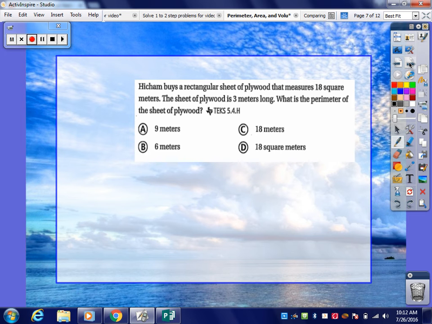So Hatchman buys a rectangular sheet of plywood that measures 18 square meters. The sheet of plywood is 3 meters long. What is the perimeter of the sheet of plywood?